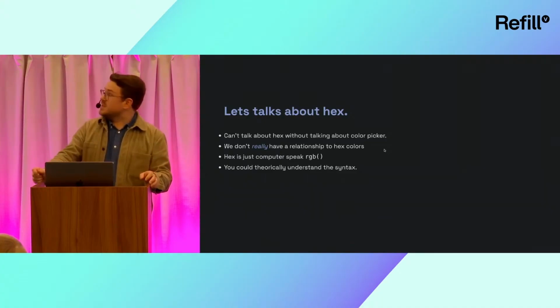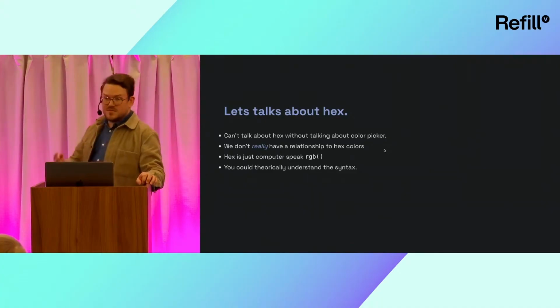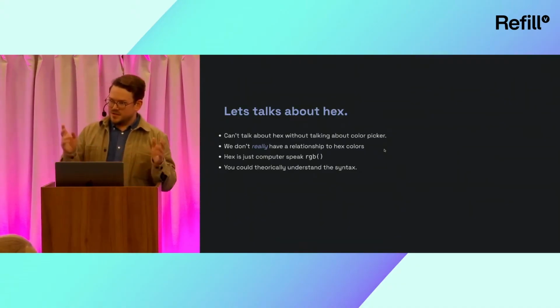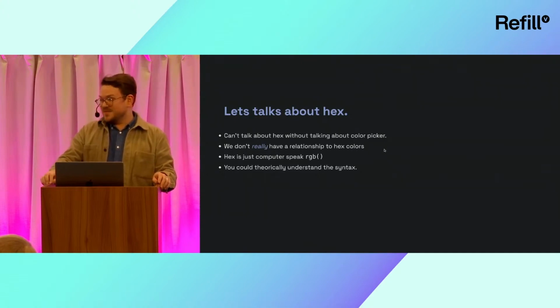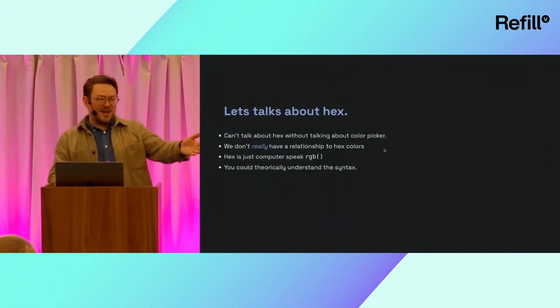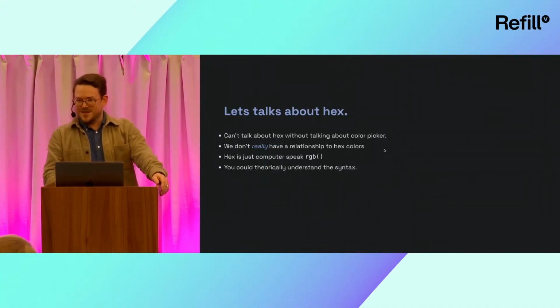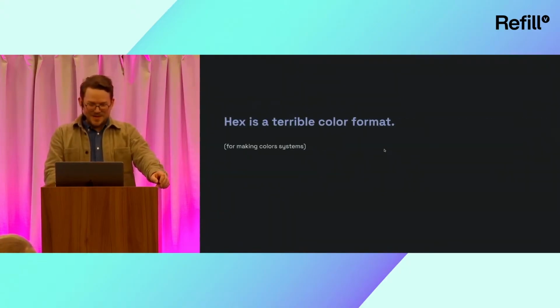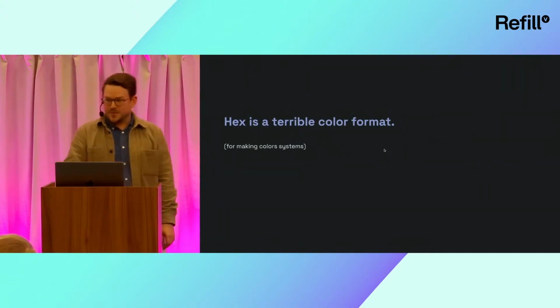And Hex is just computer speak for RGB, because it's a set of six characters or numbers, which, when taken apart, translates into RGB. You could theoretically understand the syntax, and many of us probably should by this point, just by being exposed to it. But I know a white color when I see one, and like 0, 0, 0, 0, 0, 0, right? But it's a terrible color format for making color systems.